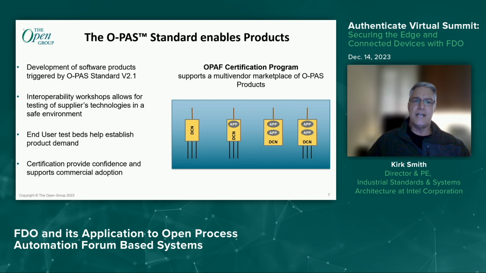And we use the end user test beds to help establish the overall product demand, and help shape some of the interoperability workshops from some of the early findings. And then, of course, that flows into a certification confidence in the test cases and test purposes that the certification team works to define to help lift all boats in the industry.